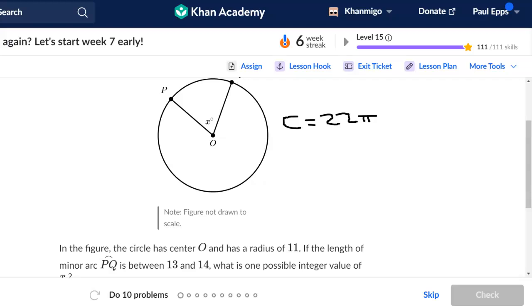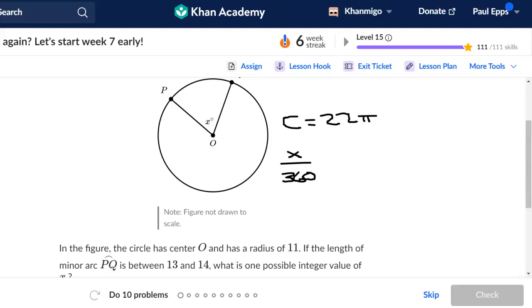So that PQ arc is to, well, actually, let's say this another way. What is the value of x? All right, so x is to 360, which is the number of degrees in a circle.